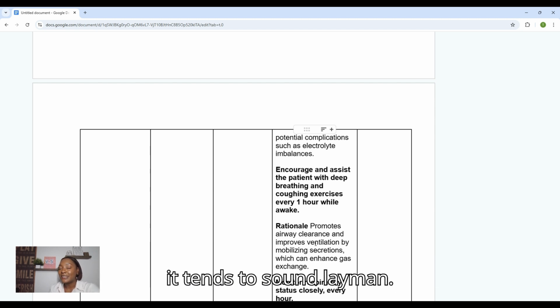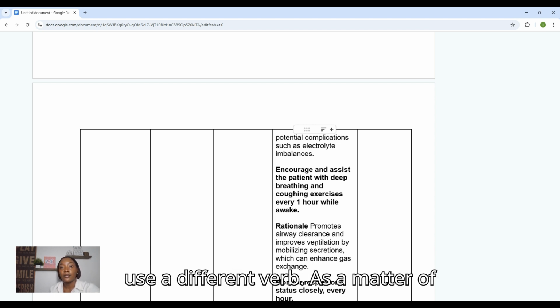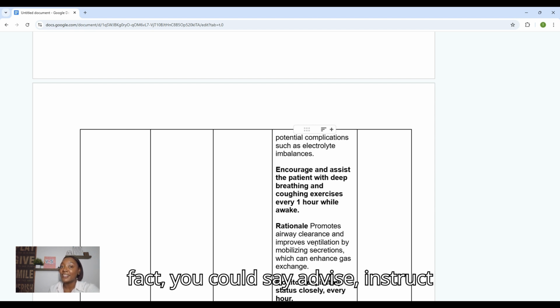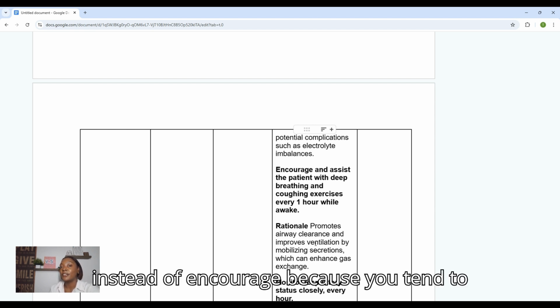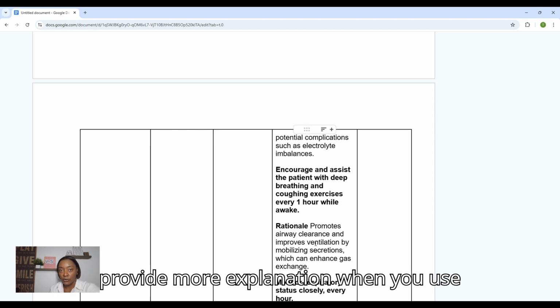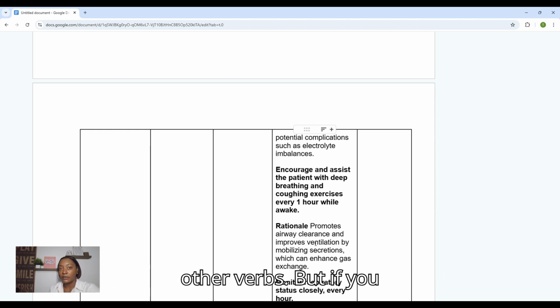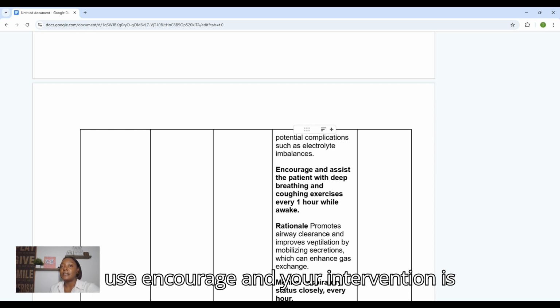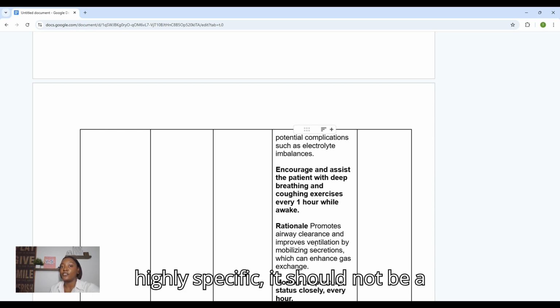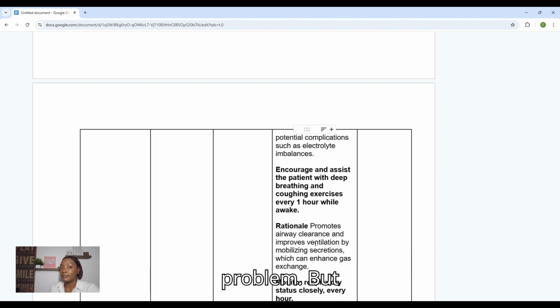And it tends to sound layman. So the advice is to use a different verb. As a matter of fact, you could say advise, instruct, instead of encourage, because you tend to provide more explanation when you use other verbs. But if you use encourage and your intervention is highly specific, it should not be a problem.